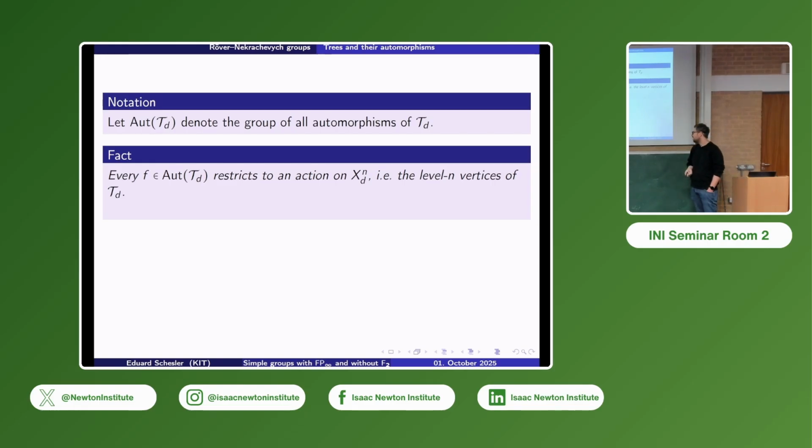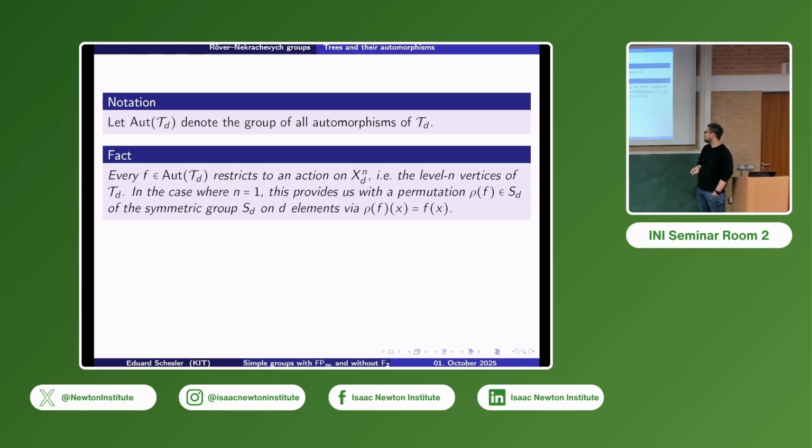Since Aut(T_d) fixes the root, it leaves invariant the sets X^n. So we have natural homomorphisms from the automorphism group of the rooted tree to the symmetric group of X^n. In the case n equals 1, this simply gives us an element in the symmetric group S_d. So let's call it rho_f.